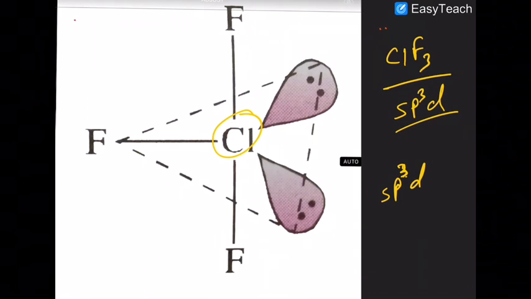So remember that in ClF3, the lone pair always occupies the equatorial position, and fluorine occupies both the axial positions and one of the equatorial positions. ClF3 is an excellent example of a bent T-shaped molecule.